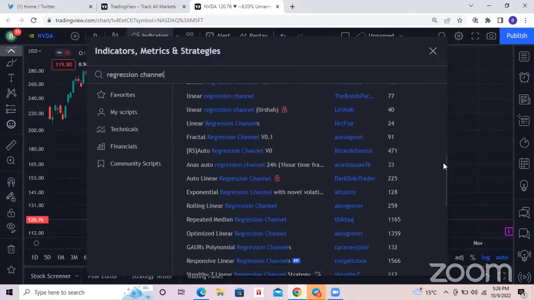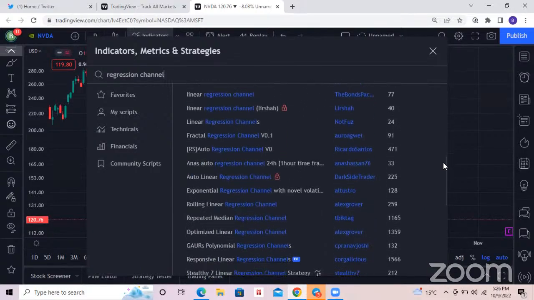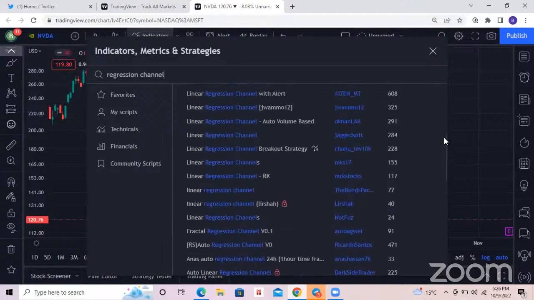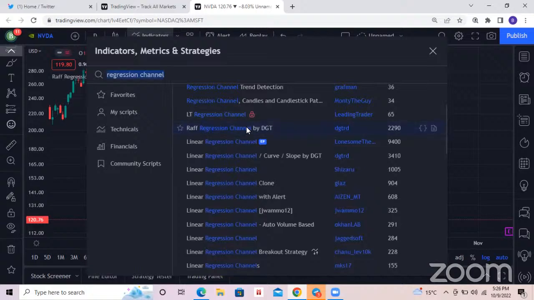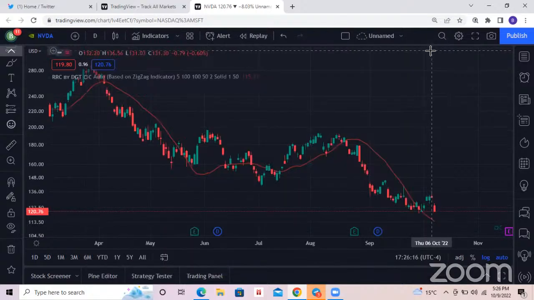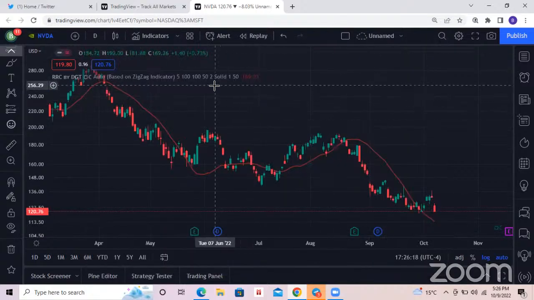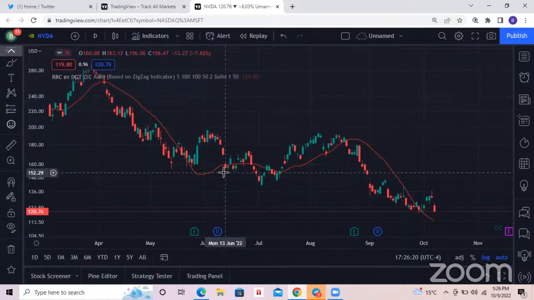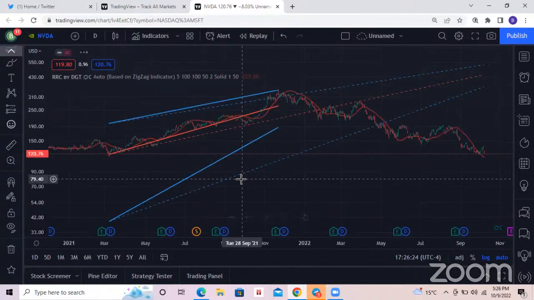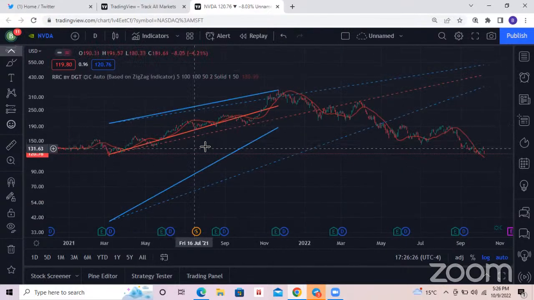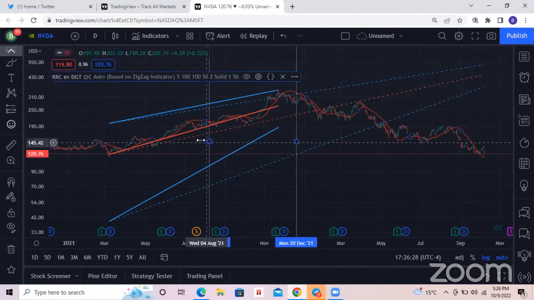This is the linear regression channel by DGT. Just go up, go up. That's what I use, the regression channel. Yes, this one. Place it anywhere just for now.